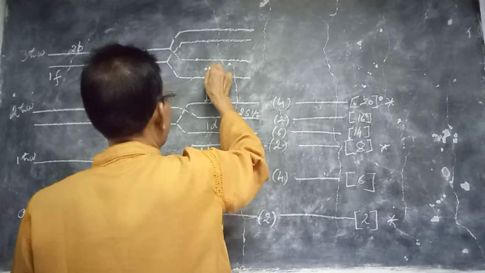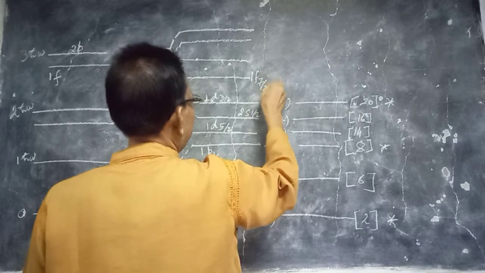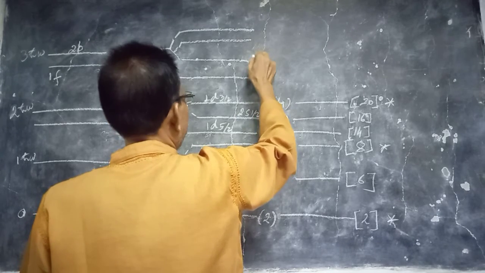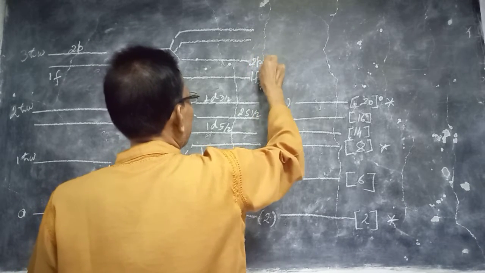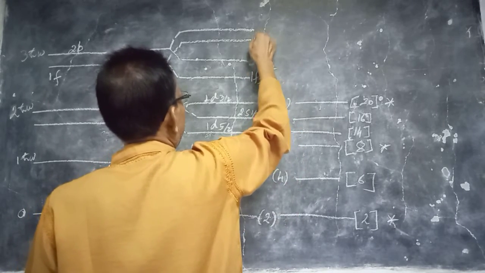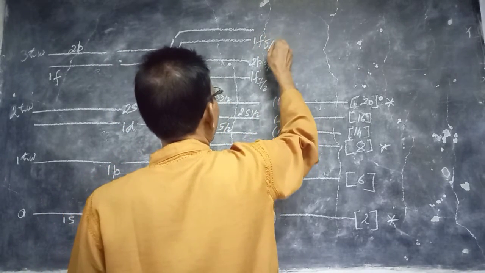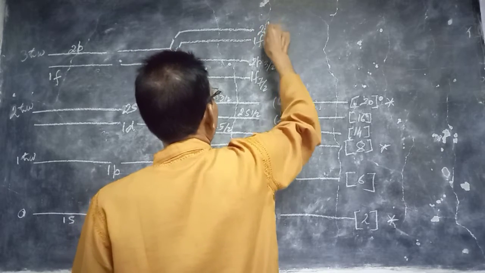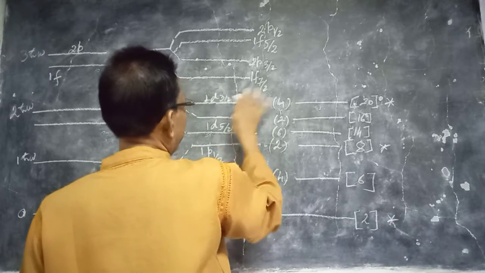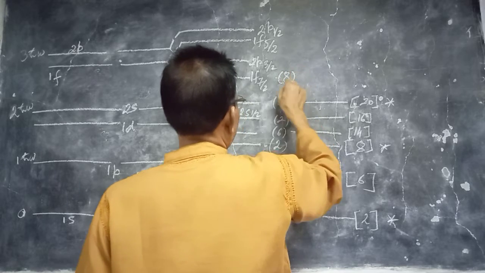This is 1f7/2. This is the p state, you get 2p3/2. The higher spin state always comes lower. So this is 1f7/2, this is 1f5/2, and you get 2p1/2. So for 7/2 the total number will be 2 times 7/2 plus 1, which is 8.